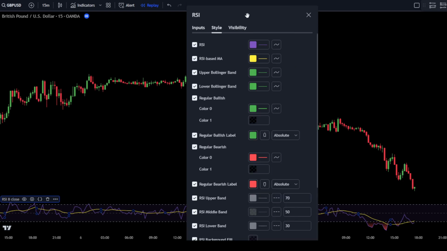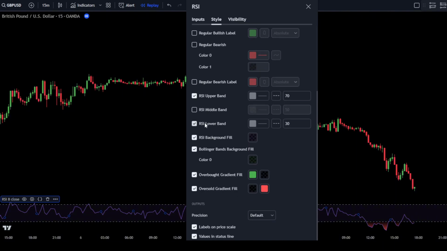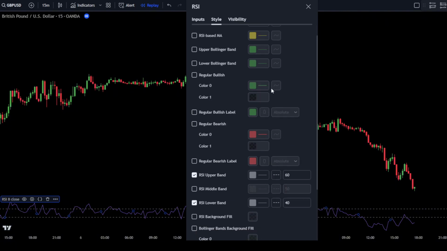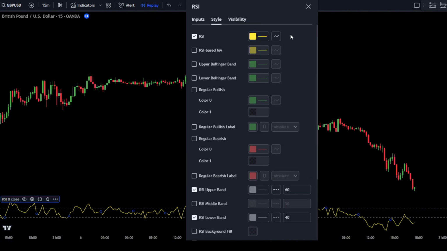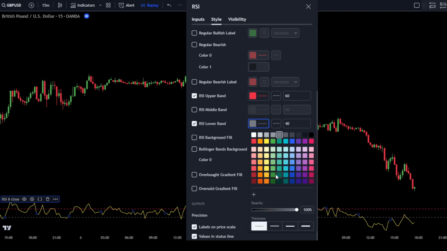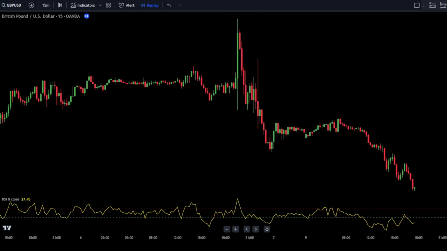Then, go to the Style tab and follow the settings as I do in the video. Once you've done that, just click OK to confirm the changes.